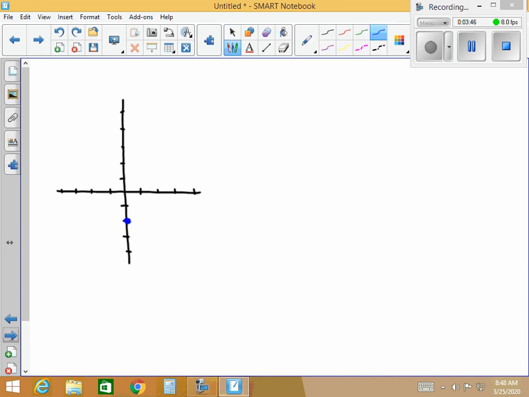Maybe I have the line that goes through the point (0, -2), and it goes through the point (1, 0), and it goes through the point (2, 2), and it goes through the point (3, 4).